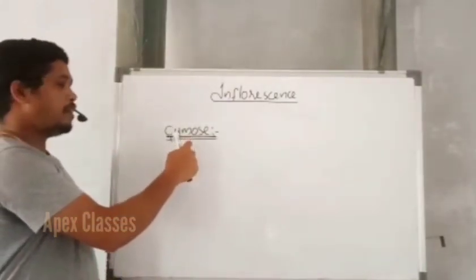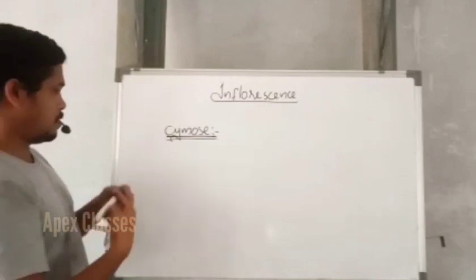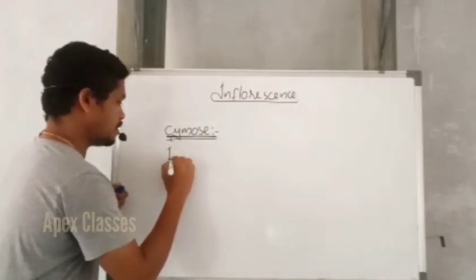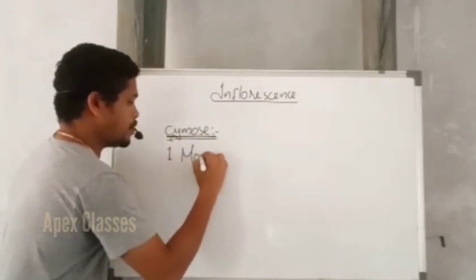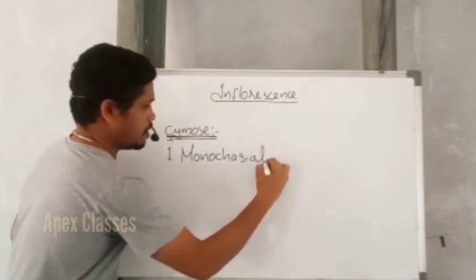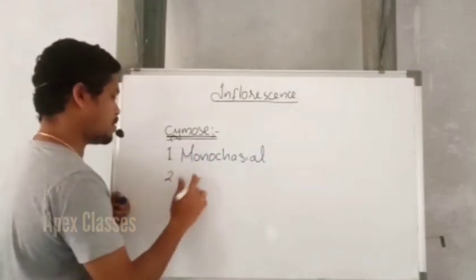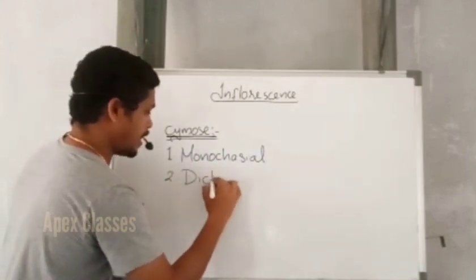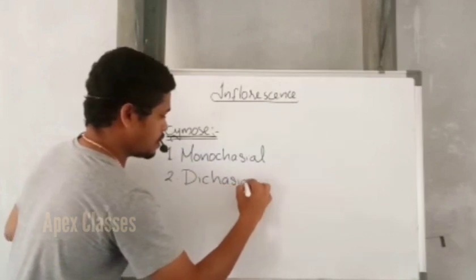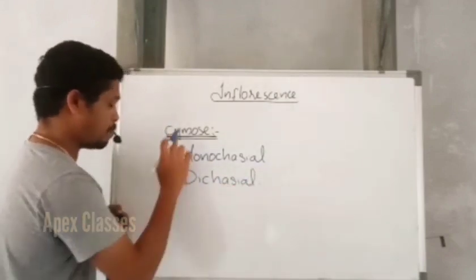There are different types of cymose inflorescence. The first is monochasial cyme. The second type is dichasial or biochasial cyme. The third type is polychasial cyme. So there are three types of cymose inflorescence.